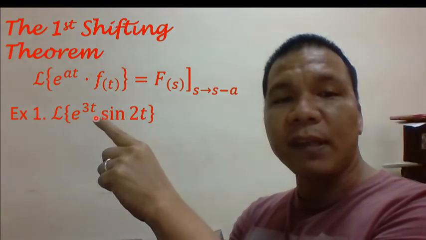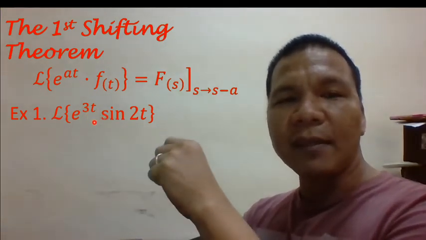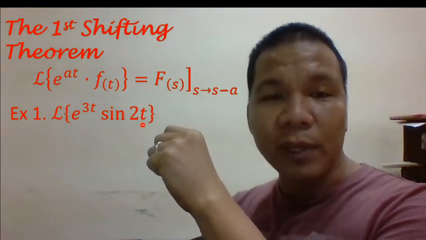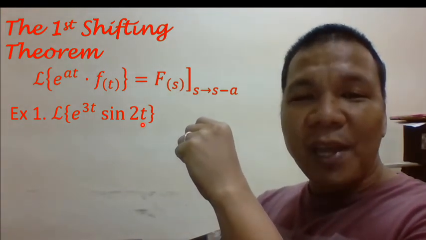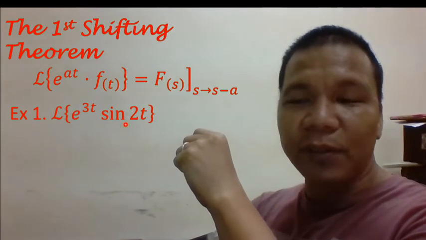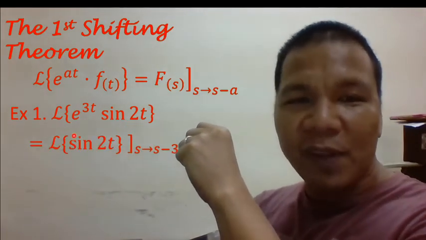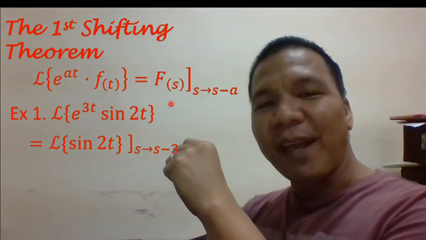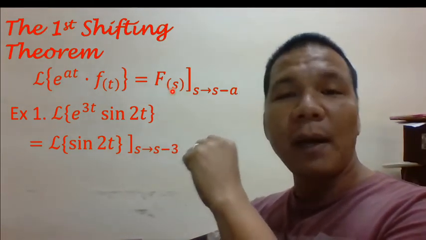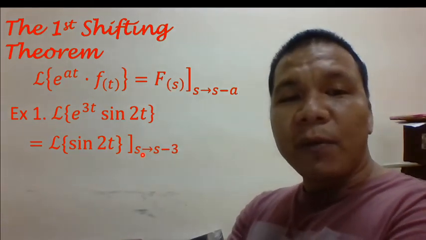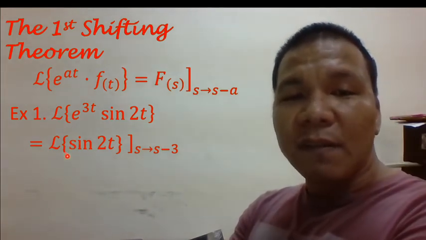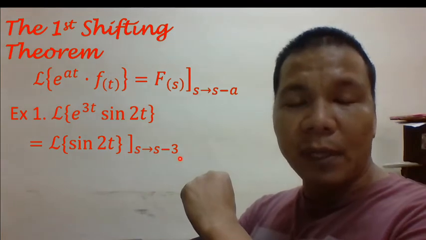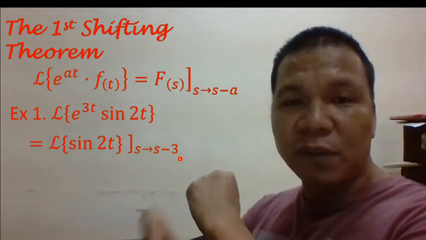So in this case, 3 here is your a, and your f of t here is sine 2t. So what are you going to do next? First, you are going to take the Laplace transform of sine 2t, which is actually your function F of s. And then we are going to change s to s minus 3, because that is your first shifting theorem.